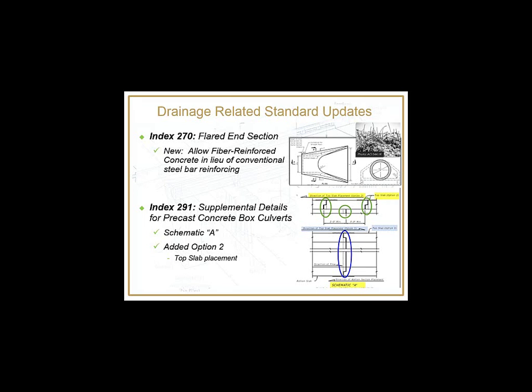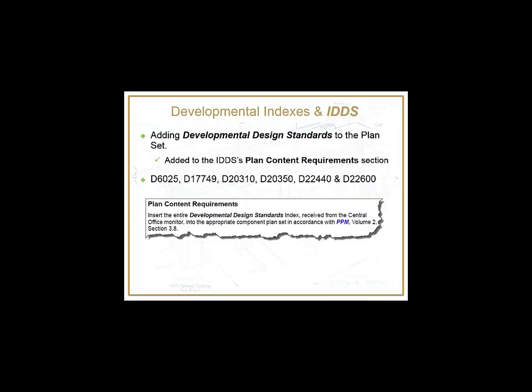This has the advantage of allowing the contractor to more easily install the top slab from downstream to upstream, which is the typical way for us installing the bottom unit. So hopefully this should give the contractor some relief, especially if stage construction or phased construction is necessary.